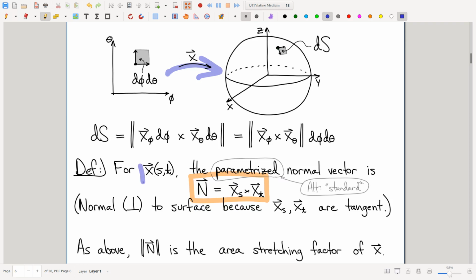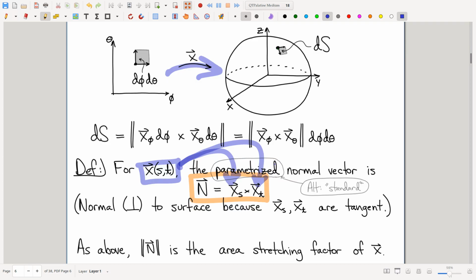That parameterization clearly influences what that capital N vector is going to be. If you take a different parameterization, you're going to get a different capital N vector. And what capital N vector you get clearly matters, right? Because its magnitude is the stretching factor, and so that means something. That's going to affect how we do business on that surface.